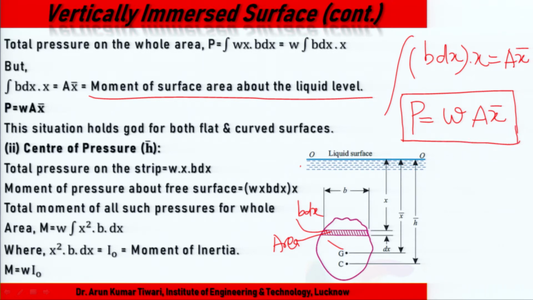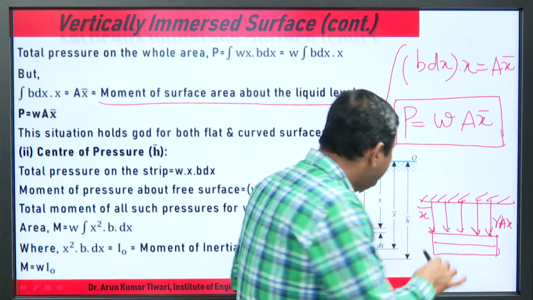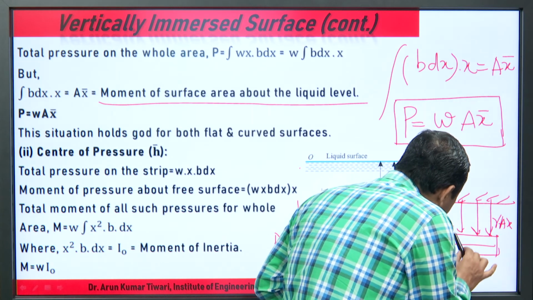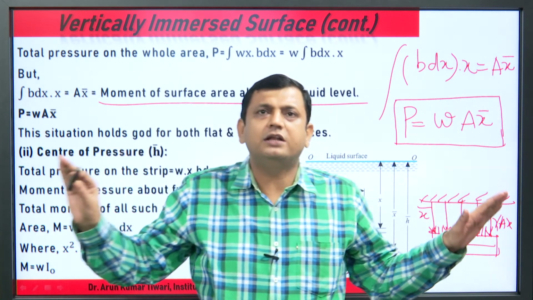Same as horizontal. Suppose this is the free surface and this is a plate. In all cases the total pressure is gamma A x bar, because x bar is similar, so the total pressure is the same for all surfaces.